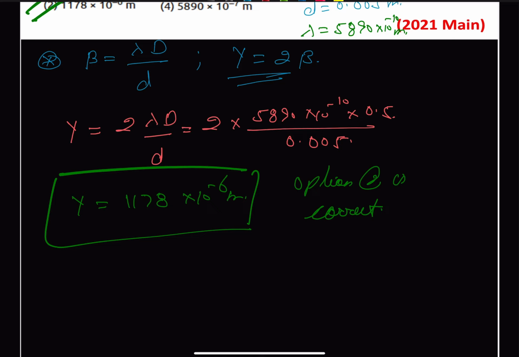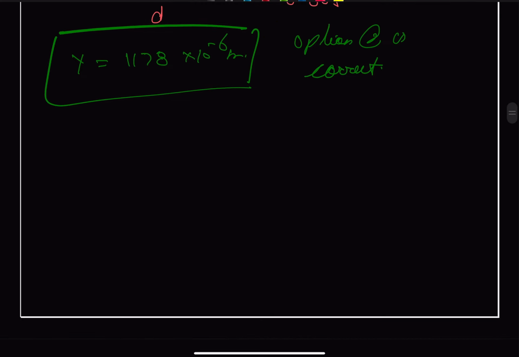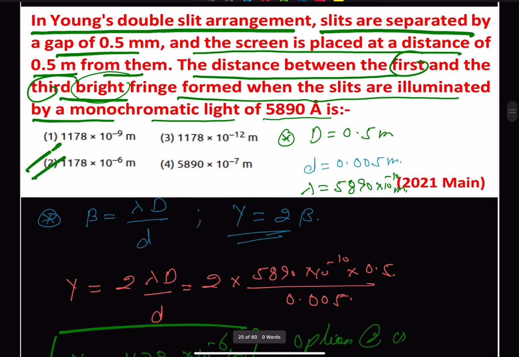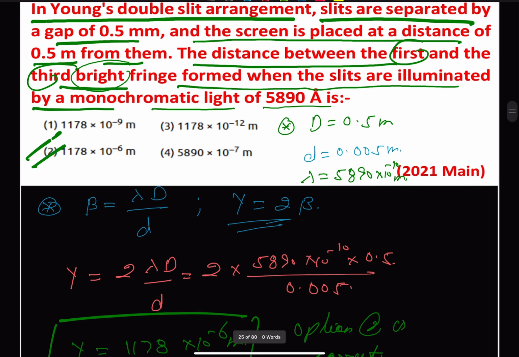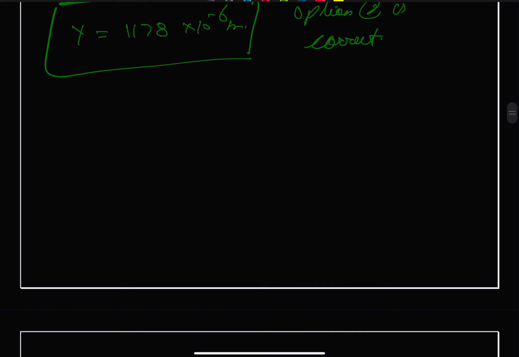And here I have directly written this formula, otherwise we can just do it in the traditional way also. And we are given here that we need between first and third bright fringe.